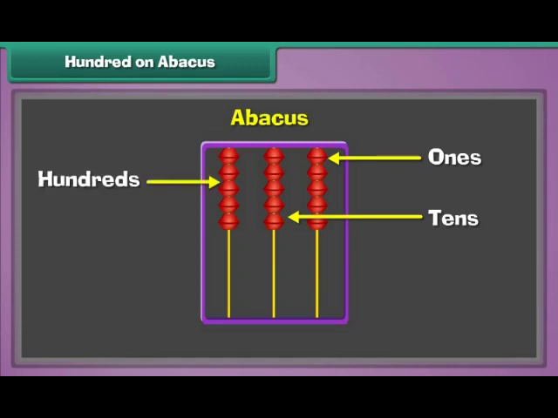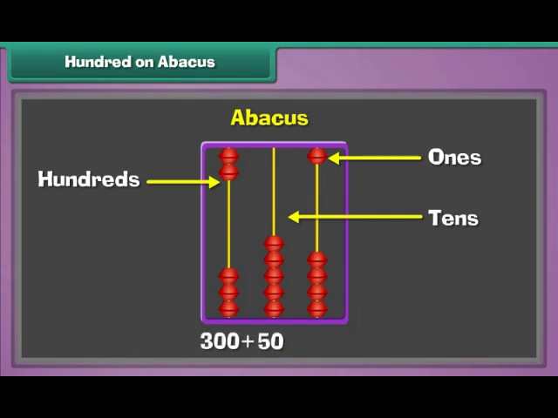The beads in each string represent the value at each position. There are 3 beads in the hundreds string, 5 in the tens string, and 4 in the ones string. The number represented by the abacus is 300 plus 50 plus 4, which is equal to 354.